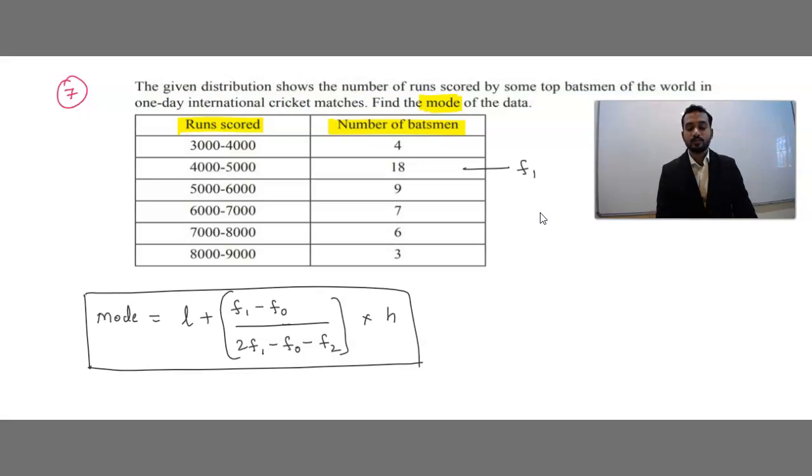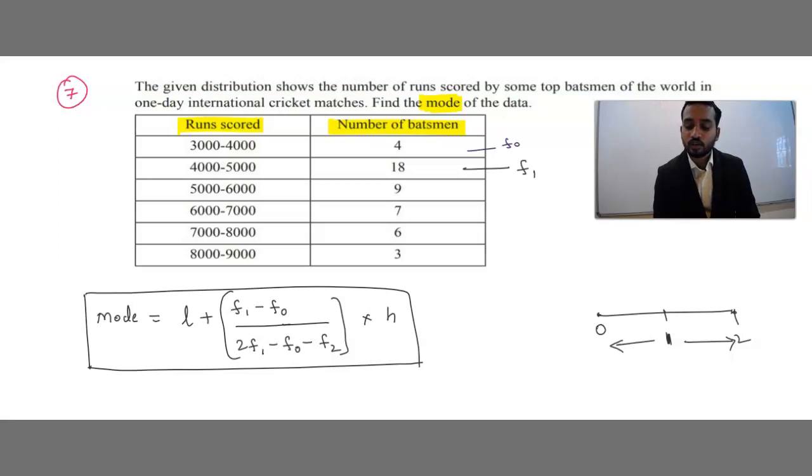He is F1. See children, I hope you have seen this type of structure. This is 0, then 1, then 2. If 1 is coming here, the left hand side of 1 is 0, and the right hand side of 1 is 2. Similarly, this is F1. Left of F1 is F0, right is F2.